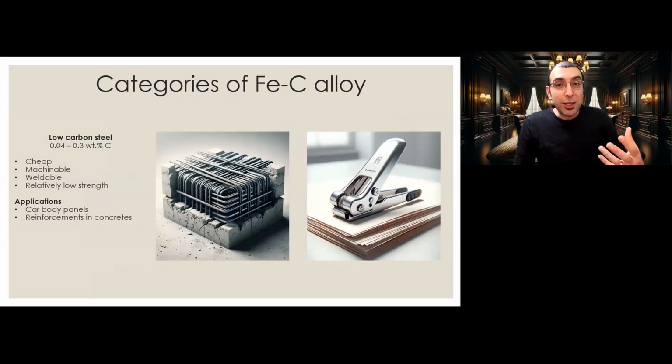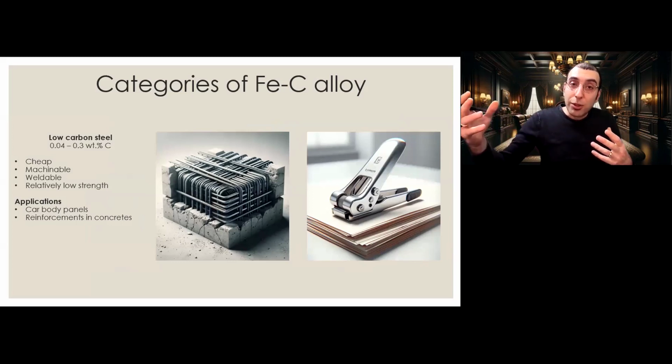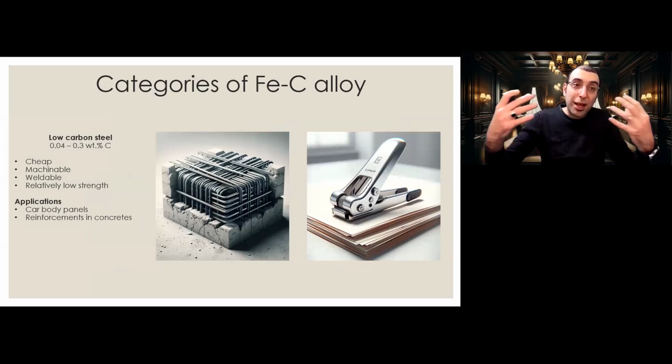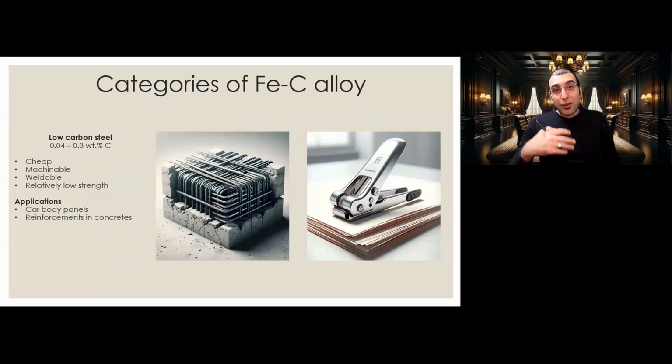As you can see in the image, we use it as reinforcement in concrete. Although it doesn't have a lot of strength compared to high carbon compositions, it's very ductile, so it makes your concrete really tough because it can bend and absorb all the energy of the deformation.